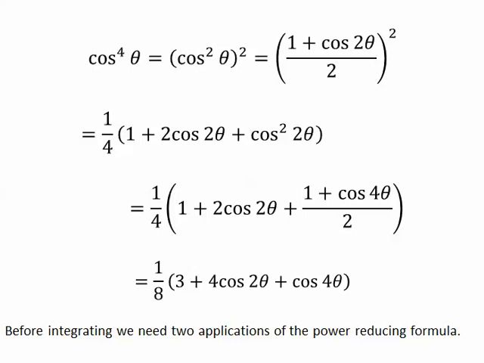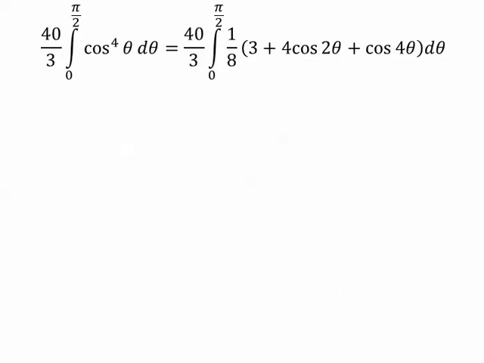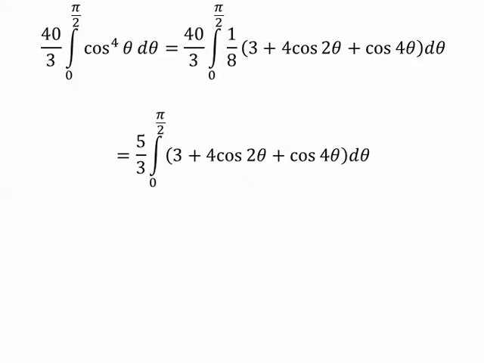And then I end up with a cosine squared again, so I have to use the double angle formula again. And then deal with the fractions, and when I'm all done, I get this last line. So instead of integrating cosine to the fourth theta, I have something a little easier to integrate. Go ahead and pull that 1/8 out to simplify.